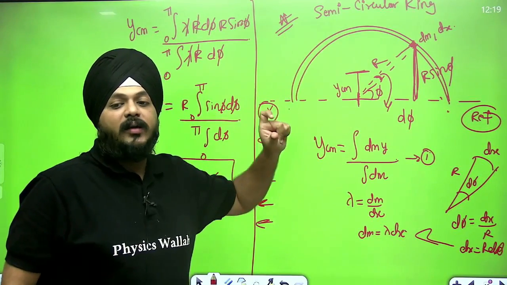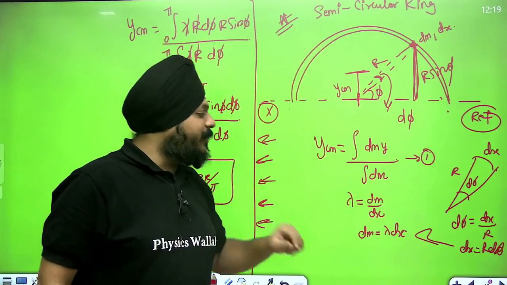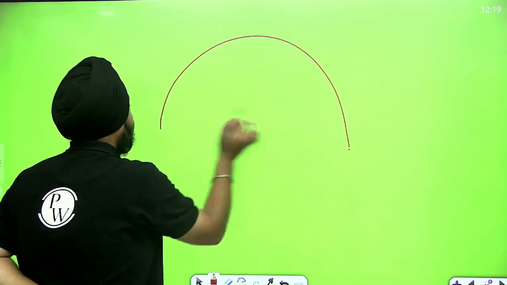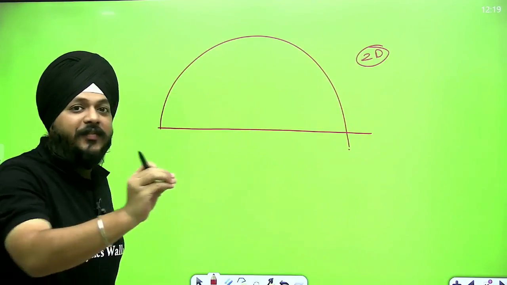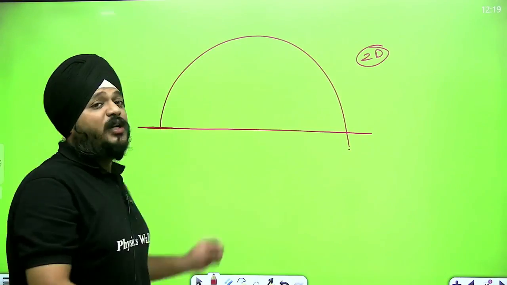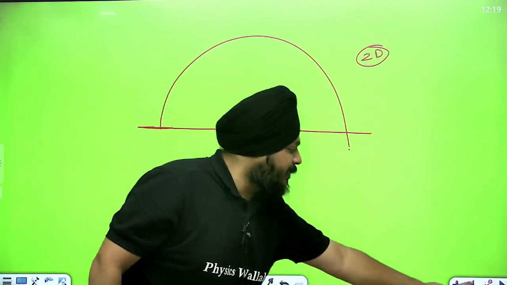See, for a rod, we selected the elemental mass dm. For a ring, we selected the elemental mass. Similarly, for a disk, which is a 2D shape, it is difficult to select one elemental mass. In this case, the center of mass of the ring is known, as we have seen in the previous case.